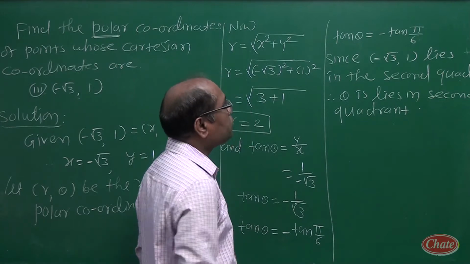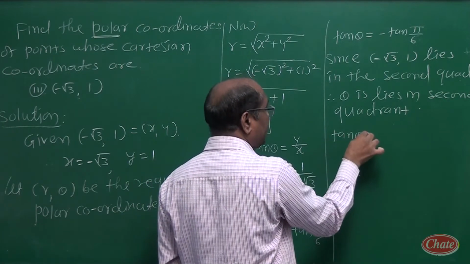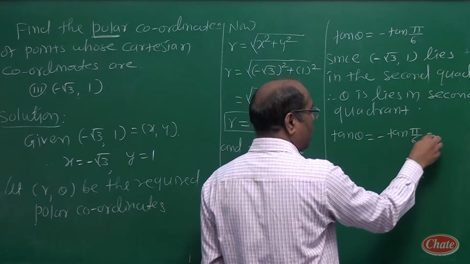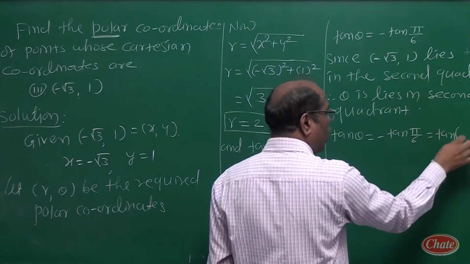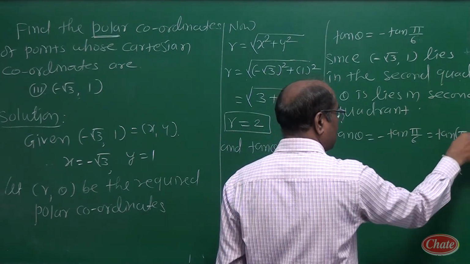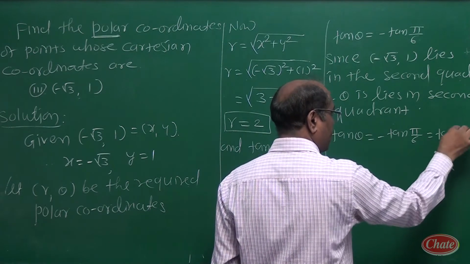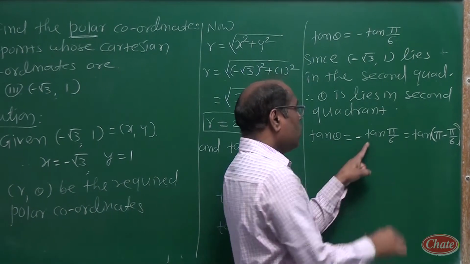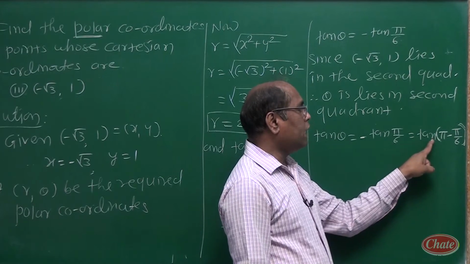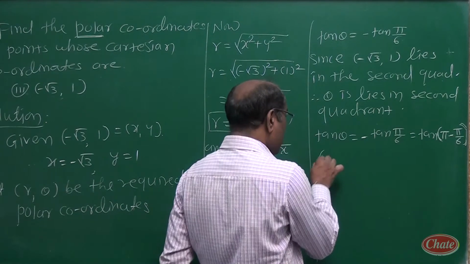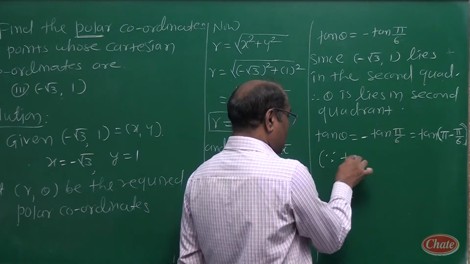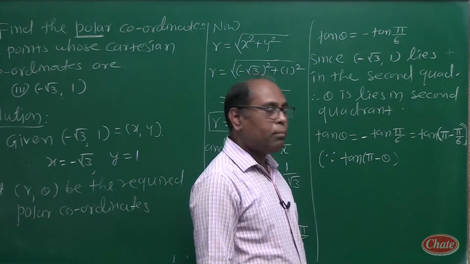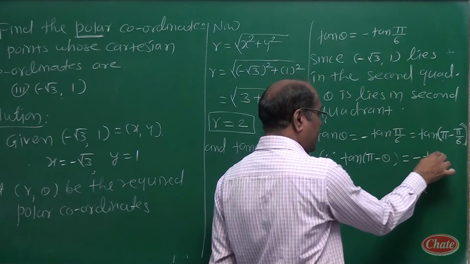So now here tan theta is equal to minus tan of pi by 6, that is equal to tan of pi minus pi by 6, because here is the formula: tan of pi minus theta is equal to minus tan theta.